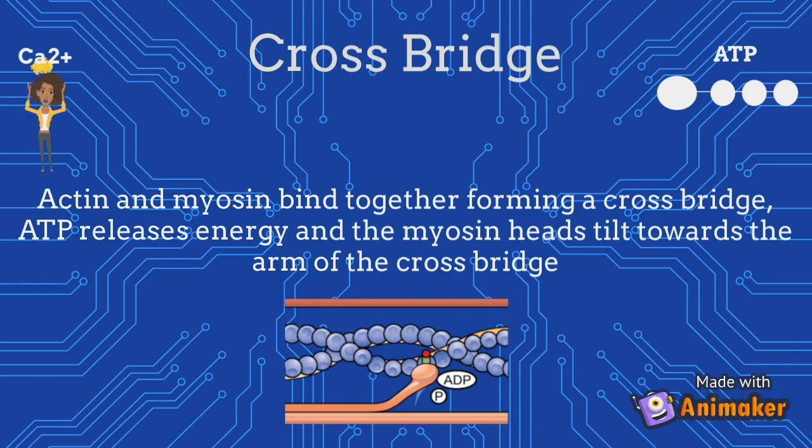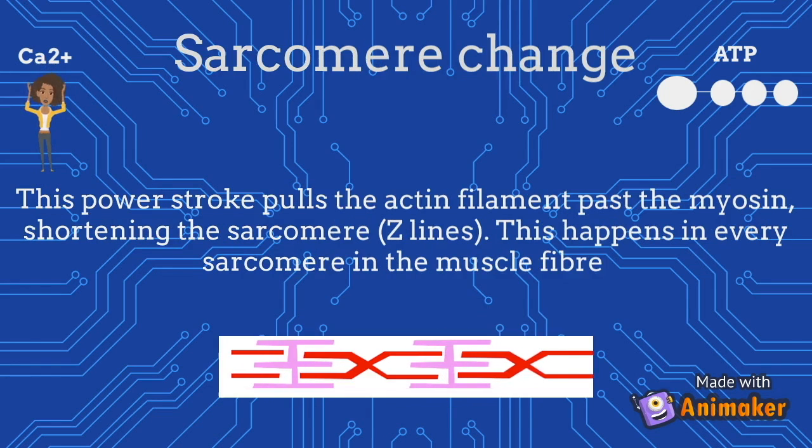Very small slide. Once this has happened, the myosin lets go of the actin, and as long as ATP is present, it can continue to do this again. As you can see, the power stroke pulls the actin filament past the myosin, shortening the sarcomere between the Z lines. The H zone disappears.